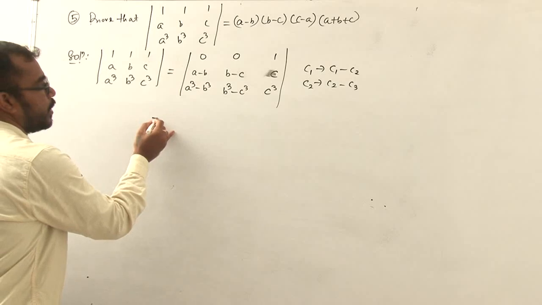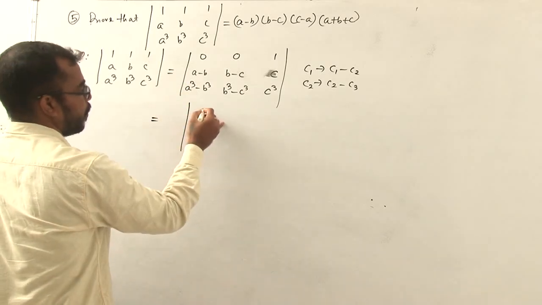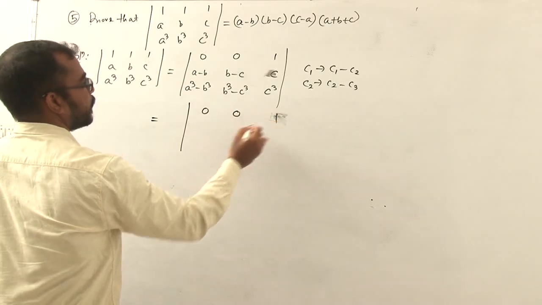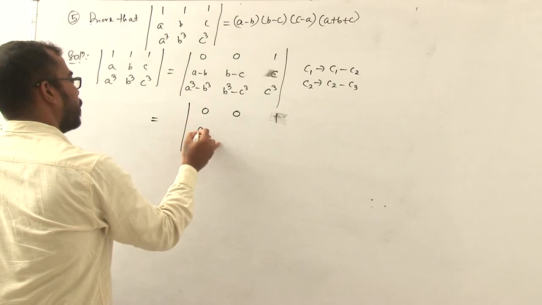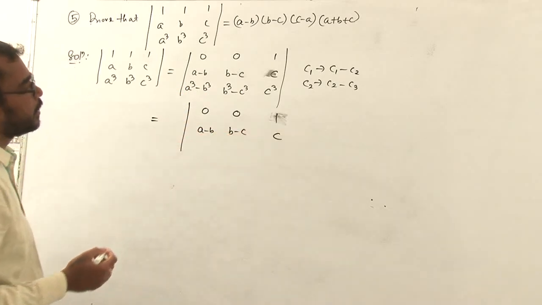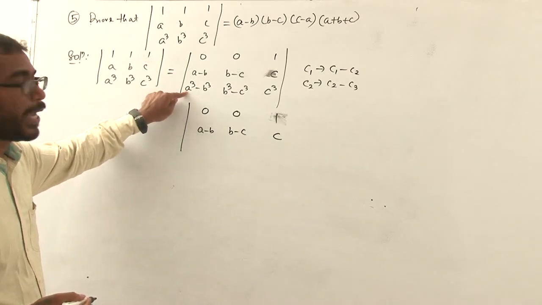Okay. So here you can see, if we apply the formula, R1 is 0, 0, 1, and R2 is A minus B, B minus C, C. Here we can use the formula for A cubed minus B cubed.